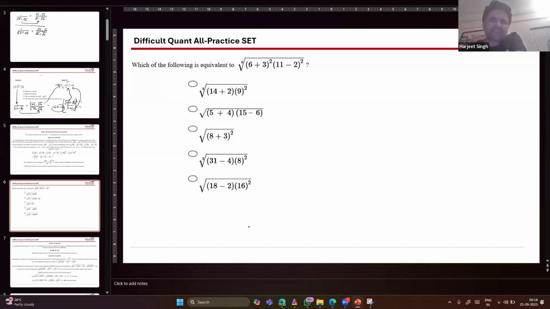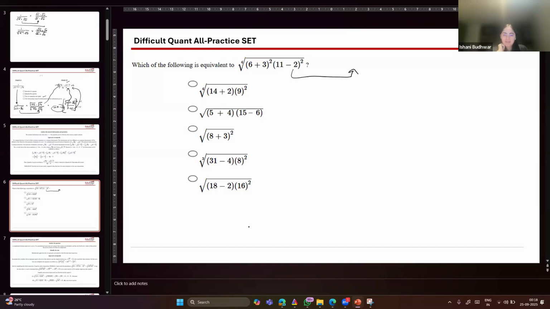Okay. And why? Because you can turn root 4 to root 2, and you can cancel out the power of 2 for the 6 plus 3 and 11 minus 2. And then that's simplified to 9 times 9.